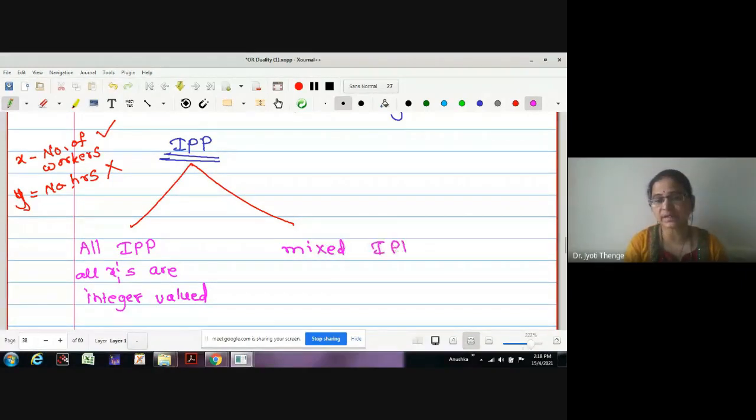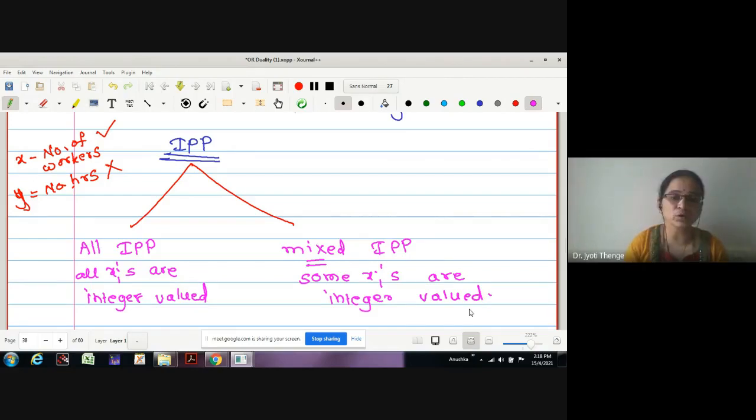Mixed IPP tells us the nature of the decision variables is of mixed type: some of them are integer valued, and some are acceptable as non-integer values. Some xi's are only restricted to be integer valued. Therefore, we define two types of integer programming problem: all IPP and mixed IPP.